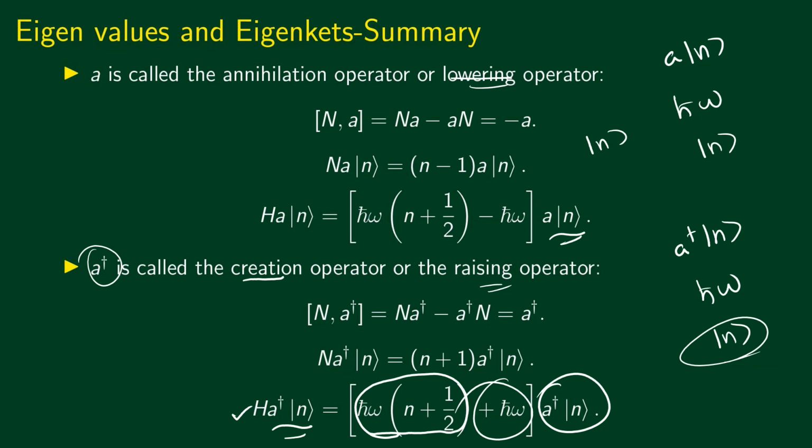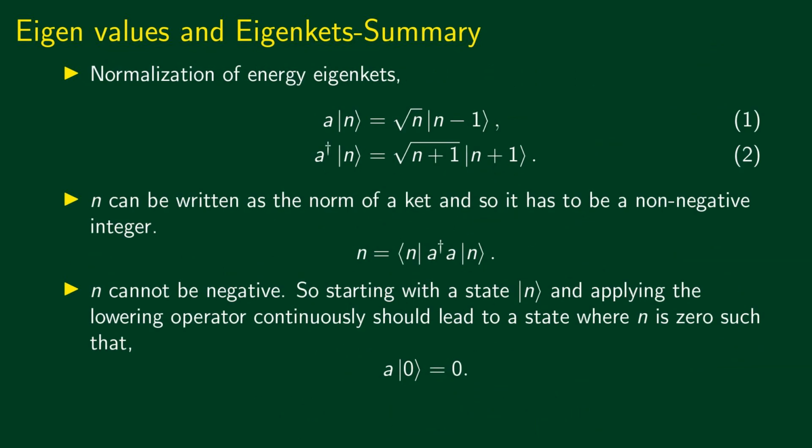From the normalization requirement of energy eigenkets, we found that a acting on ket n is equal to square root of n multiplying ket n minus 1, and a dagger acting on ket n is equal to square root of n plus 1 multiplying ket n plus 1. Here, the states ket n plus 1, ket n minus 1, etc. are the normalized eigenkets of the number operator and the Hamiltonian.